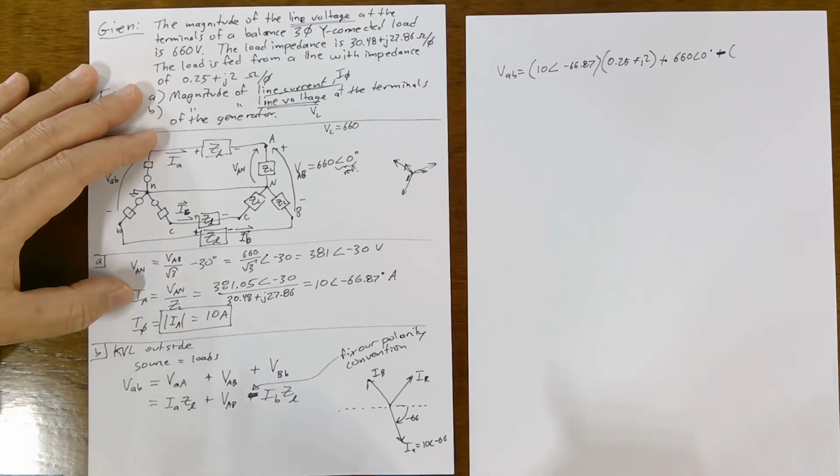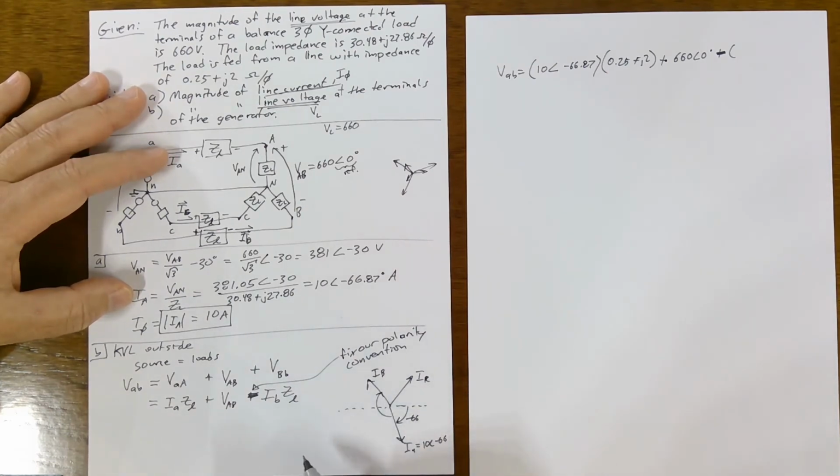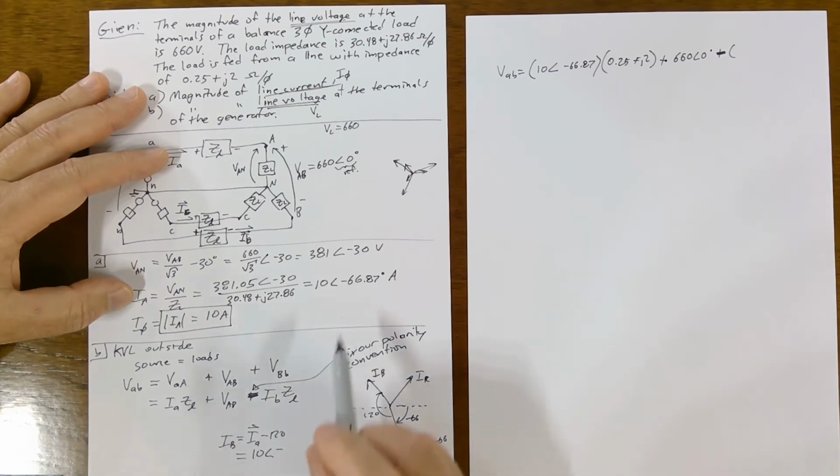Basically, this is another 120 over here. So what we're saying is I_B is I_A minus 120. So it's 10 angle minus 186.87. Okay. And that's what goes here.